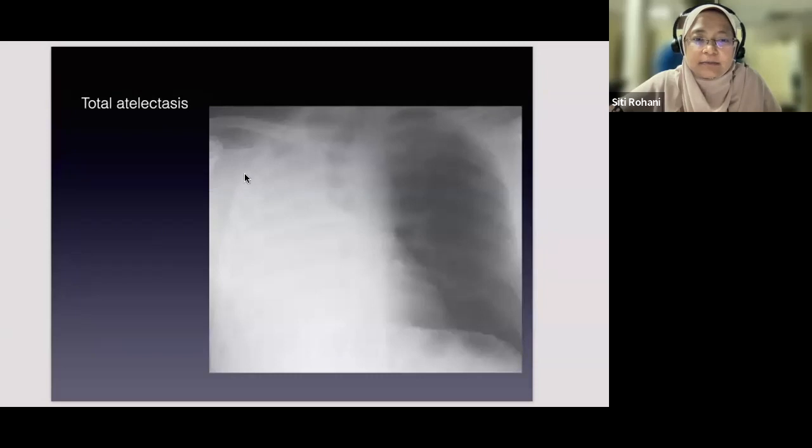And then how do we know this is atelectasis or effusion? Because effusion will also give a similar appearance. We can see there is evidence of volume loss in the right lung. The trachea is deviated to the same side of the opacification, meaning there is volume loss on the right side.